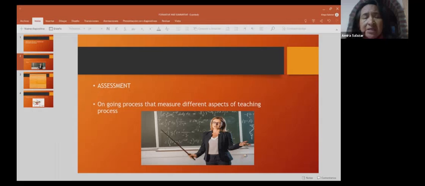For example, teachers can assess many aspects, such as students' responses, comments, typing out new words, structures, fluency, group work, and other activities that they do with their students.